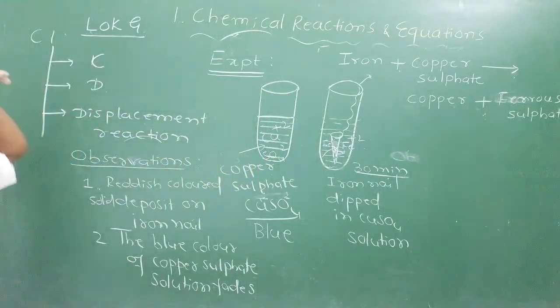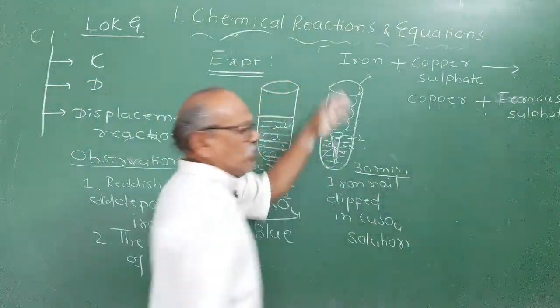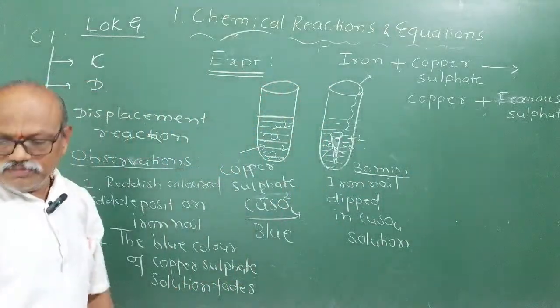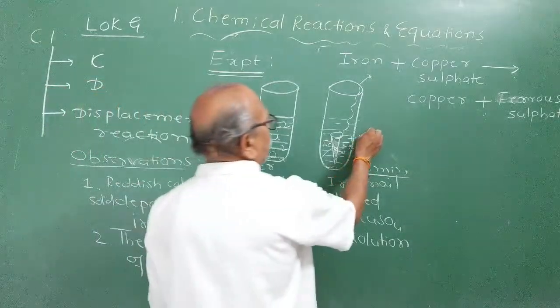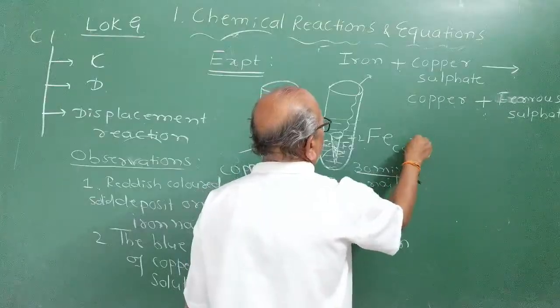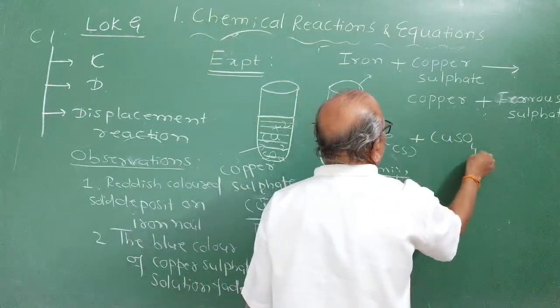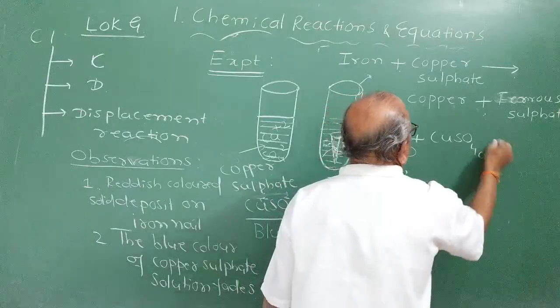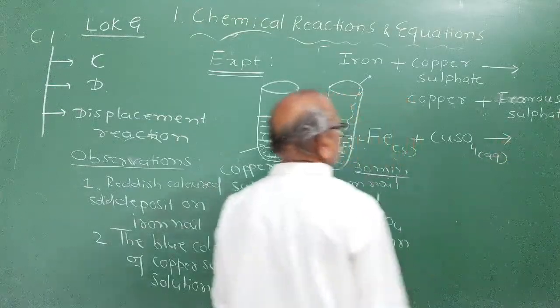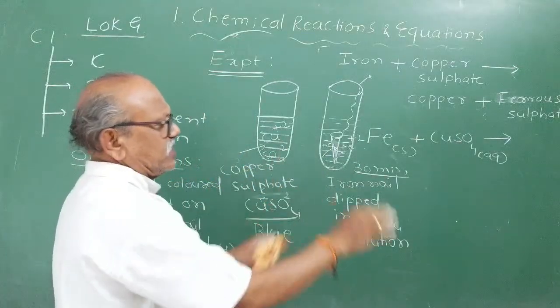Write the symbol equation of this particular reaction. This is the verbal equation. You are already perfect in writing the formula. Write the reaction. Iron Fe solid plus copper sulfate CuSO4 aqueous solution gives rise to, no necessity of heating at all, no conditions are required.